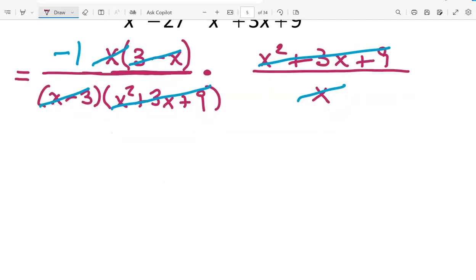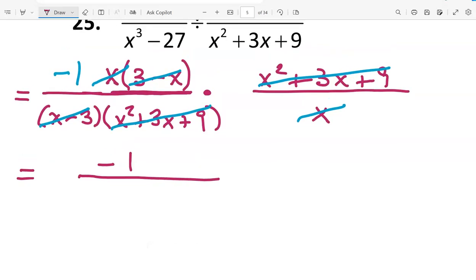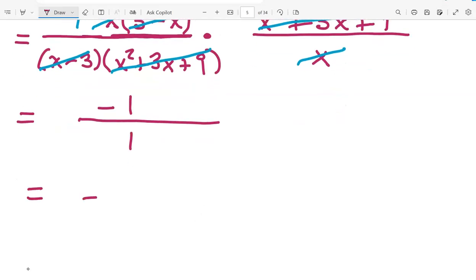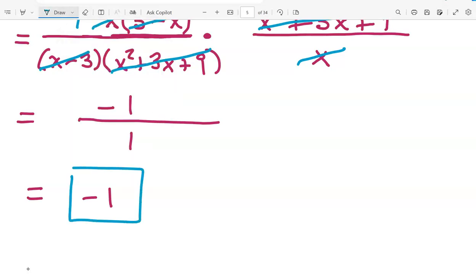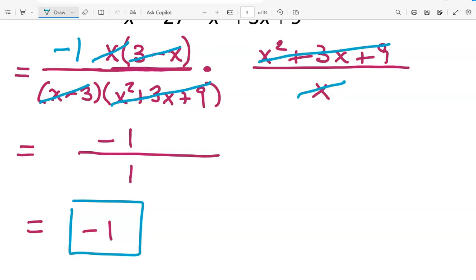I'm writing it as a negative 1 since there are no other factors in the numerator, so the numerator will be negative 1, and the denominator will be, I guess, positive 1, and that means that this whole thing simplifies to negative 1. We never write a final answer with a division by 1.